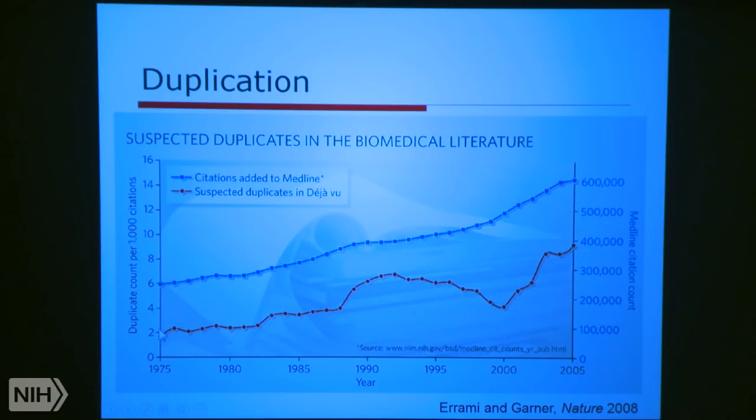It starts out at 2 duplicates per 1,000 citations, and you can see here it starts to maybe go up. Maybe that's because we're better at annotating and finding these, but there certainly are a finite number of cases of this, and it can be tracked a lot better now than previously.